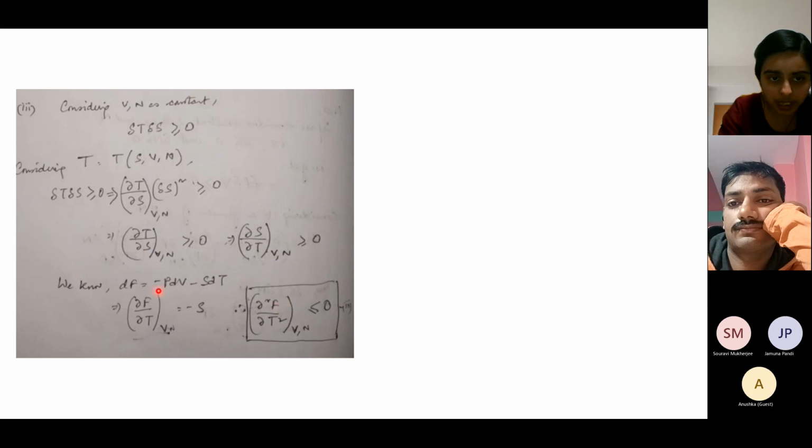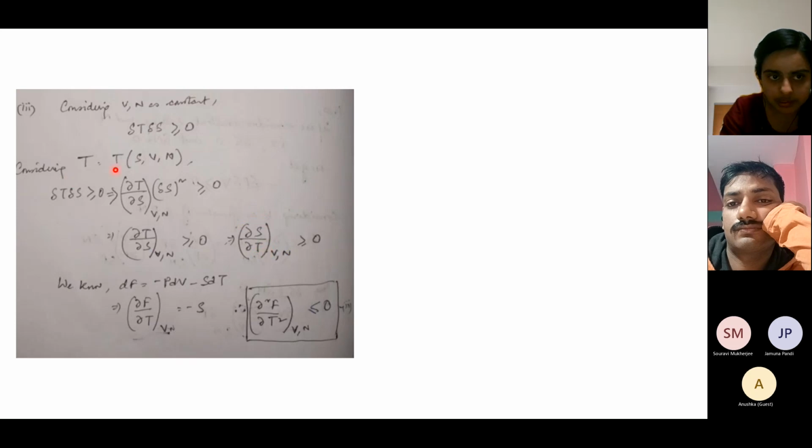So if you remember the partial differential form of Helmholtz free energy, you'll see that the coefficient of temperature delta T is minus S. So that means you have to find something which has this kind of partial differentials involved.